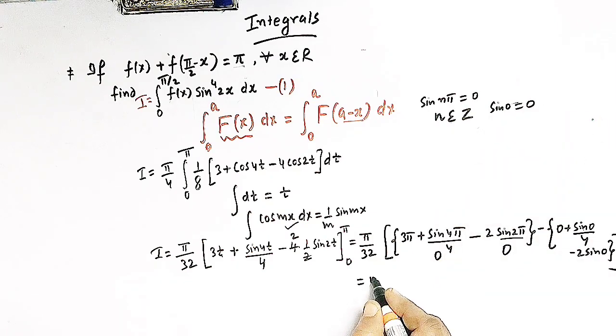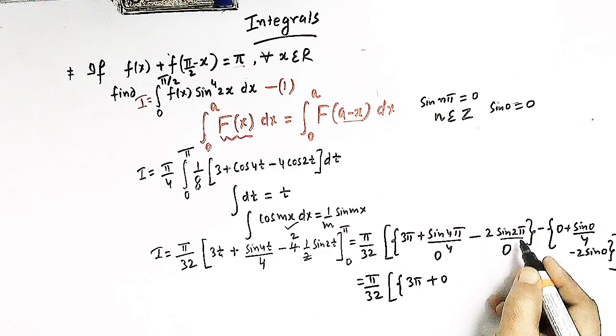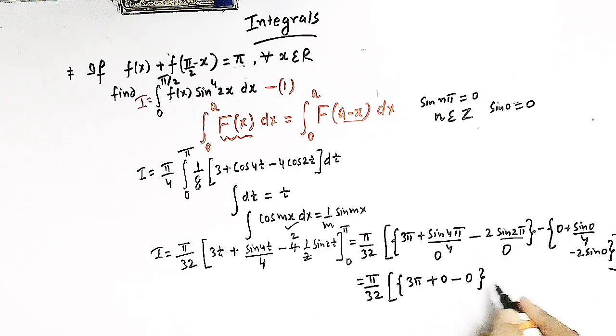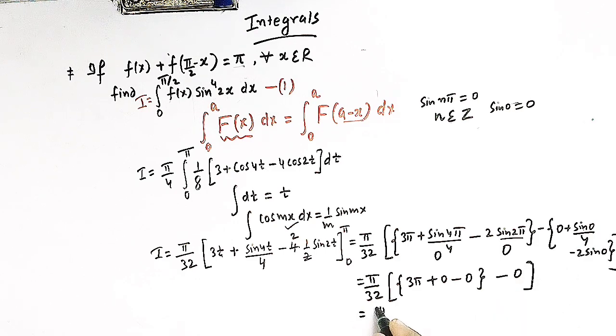So we are left with pi over 32, and here we have simply 3 pi, and the other terms are 0. So multiplying these two numbers, we have 3 pi square over 32.